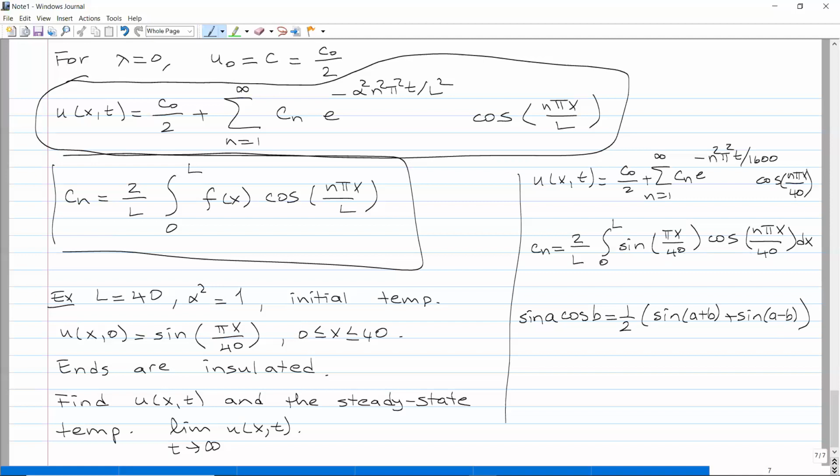So I'm going to do the case for n equals 1 and n equals 0 separately, and then for n greater than or equal to 2, we are going to use this formula.